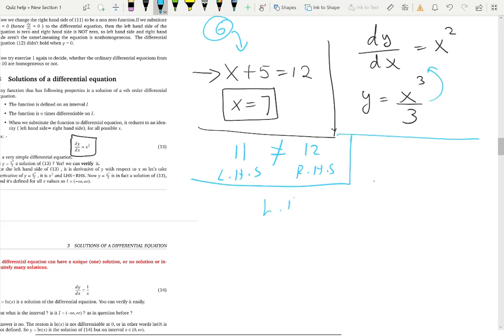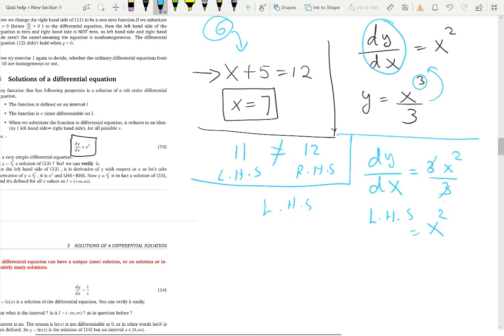So in the left hand side of the equation, they ask us to take the derivative of y with respect to x. So let's take the derivative. So dy over dx, if you differentiate, if now we take this 3 out, 3x squared over 3. So the left hand side, the derivative of y with respect to x, is actually, 3 cancels out, x squared. Now what happens?